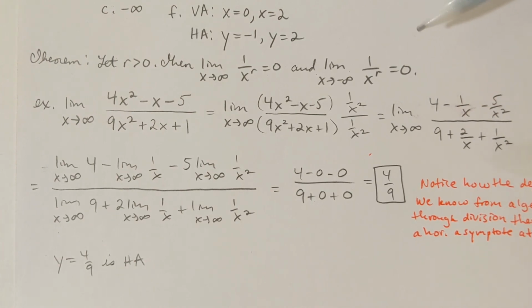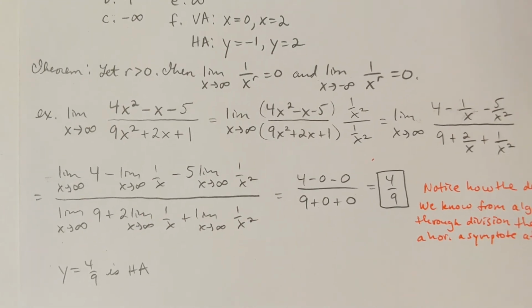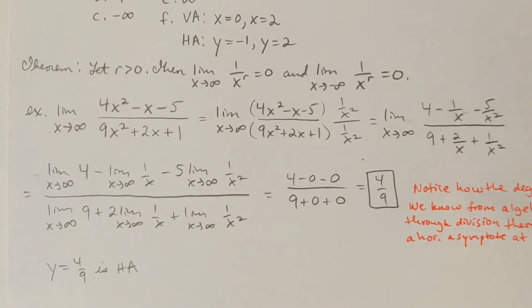Now, when we work with limits at infinity, we're going to need to use this theorem in the calculation, and that'll be nearly all these calculations. You'll be using this theorem here, so consider that. So let's take a look at this example.